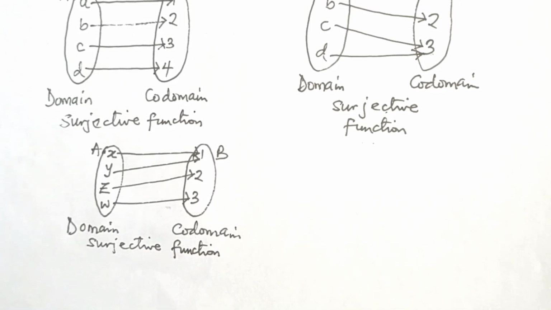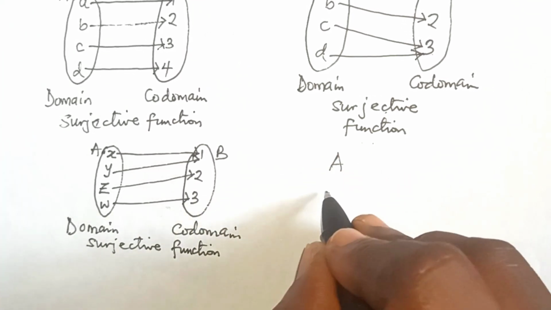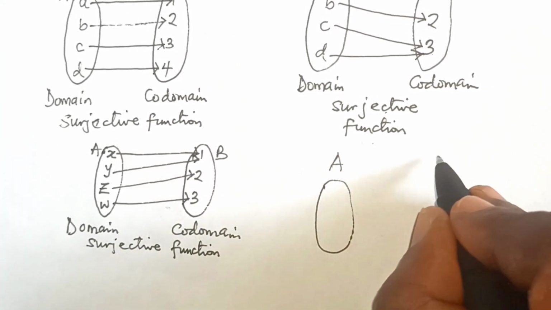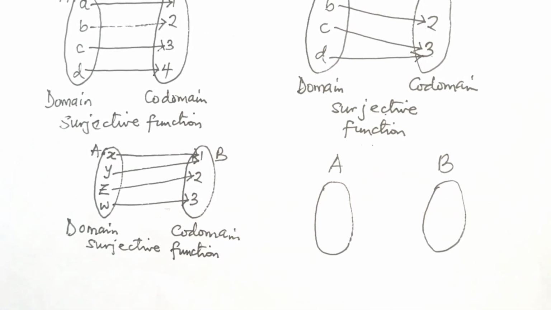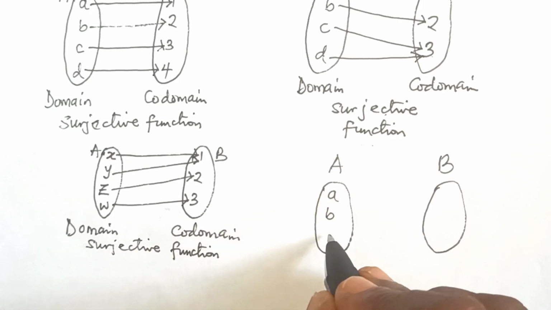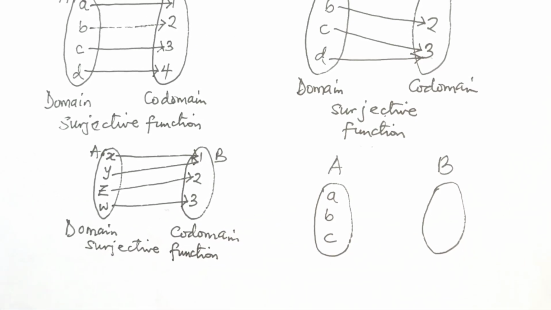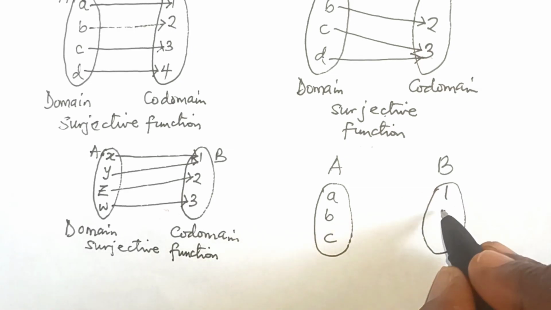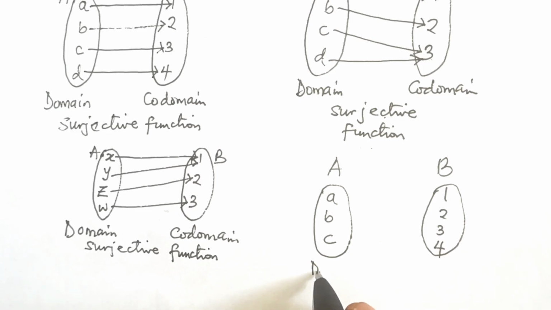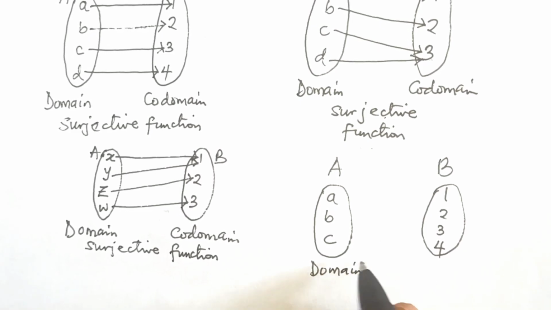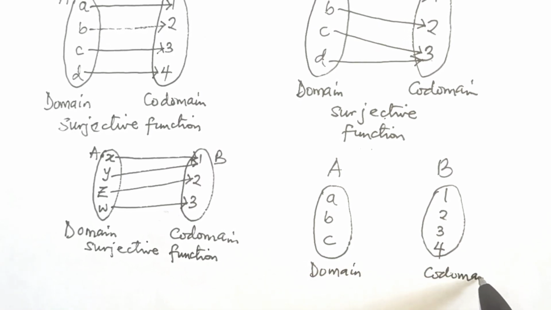Now let's look at some other examples that may not represent a surjective function. We have another set A and a set B. Then we have elements A, B, C in set A and elements 1, 2, 3, 4 in set B. A is the domain, B is the codomain.